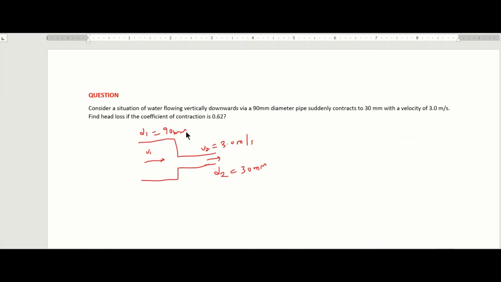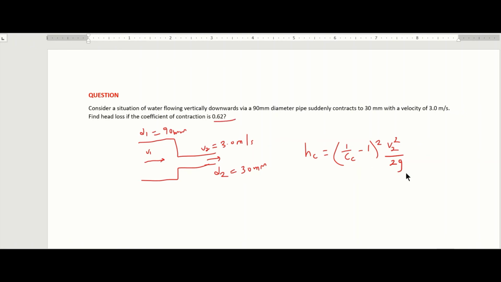Now for this question, I will not be needing my diameters, because to find the head loss due to contraction is just HC is equal to, open brackets, 1 over coefficient of contraction minus 1, squared, times V2 squared over 2G. So as you can see from this formula, I won't need to find my area. Remember that my CC is 0.62 and my G is 9.81.